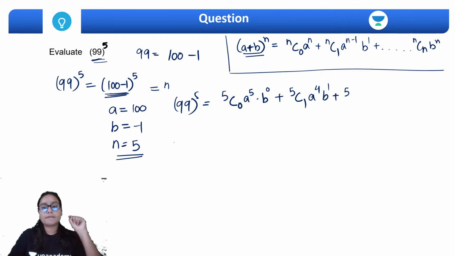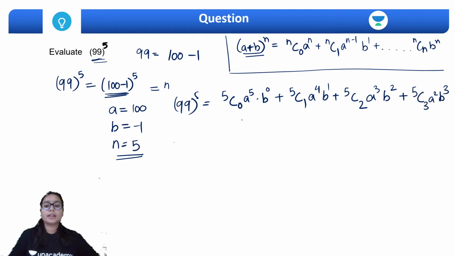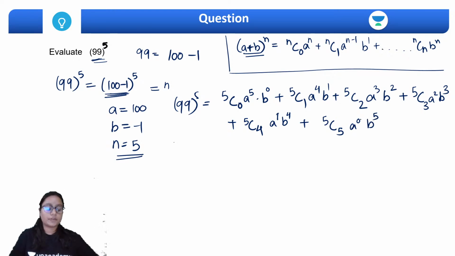Then we have 5C2 a raised to the power 3 b square plus 5C3 a square b cube. Then the next term will be 5C4 a raised to the power 1 and b raised to the power 4. Finally 5C5 a raised to the power 0 b raised to the power 5. I hope this is clear.